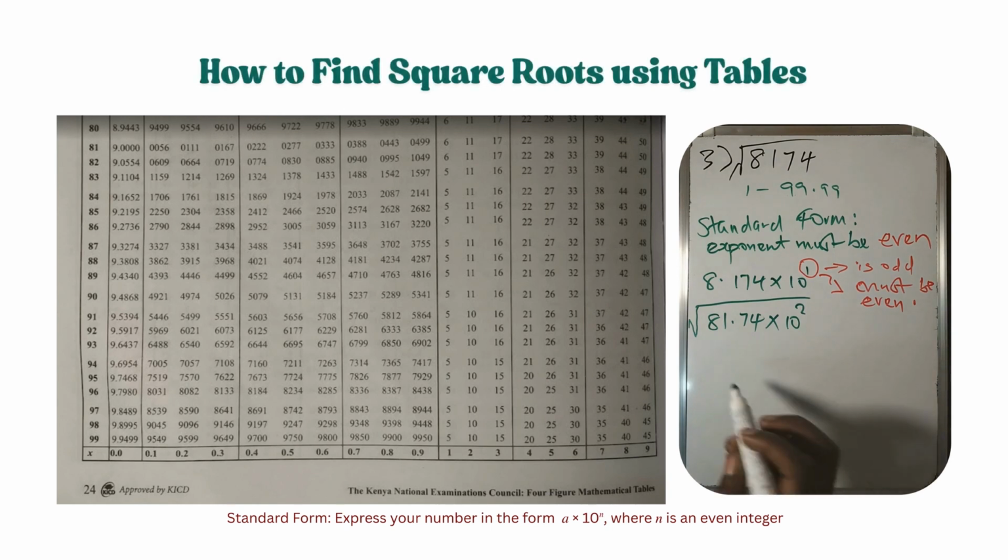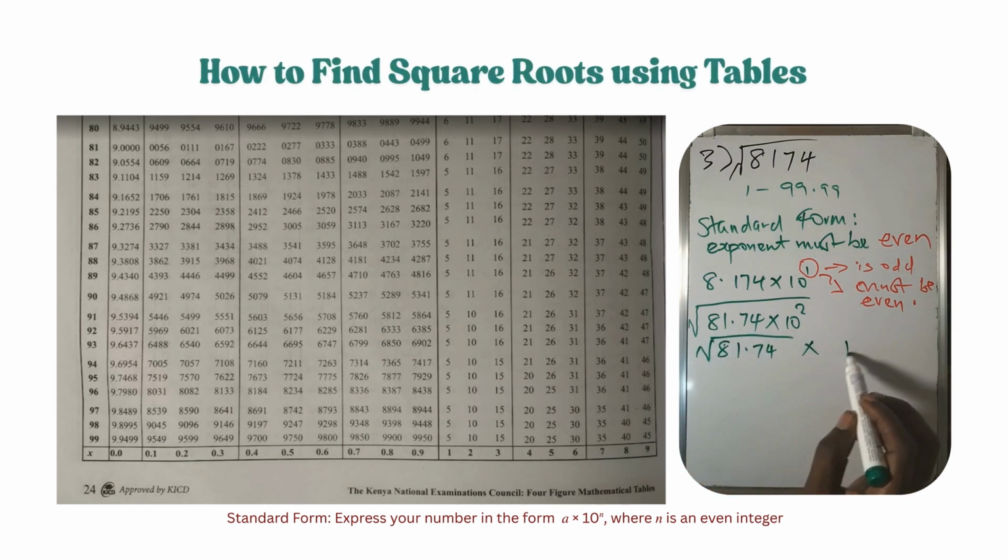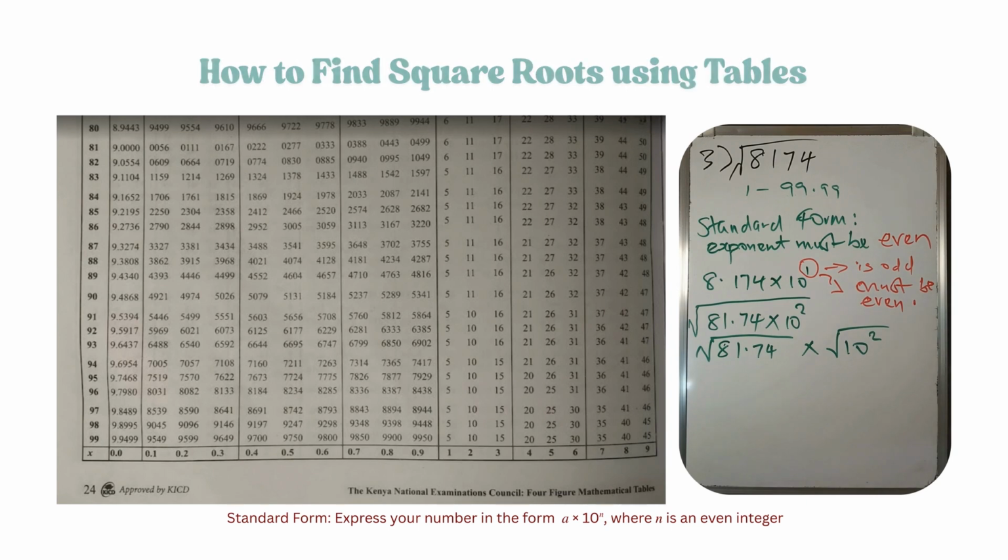It's now simple, because we have the square root of 81.74 times the square root of 10 squared. From here, you can find the square root of 81.74 directly from the mathematical table. So let's move to our square root of numbers, page 24. The square root of 81.74.